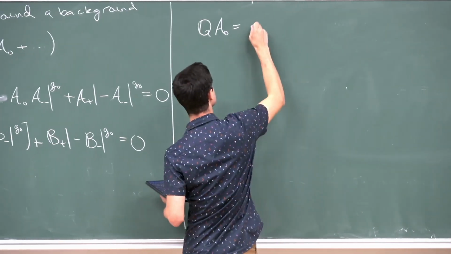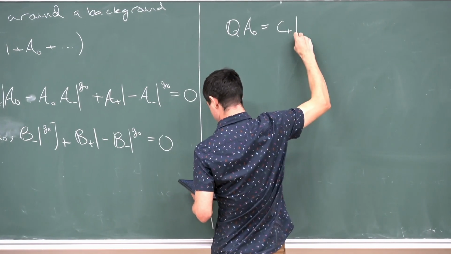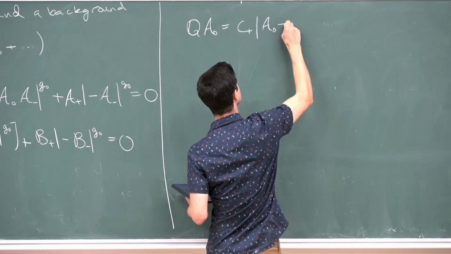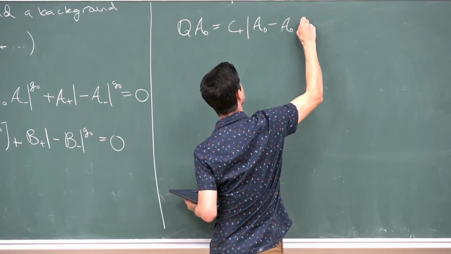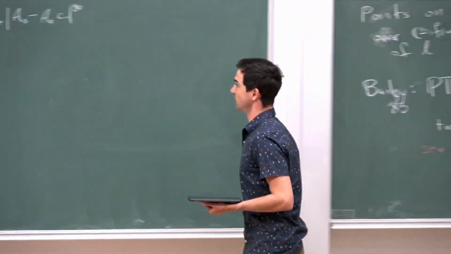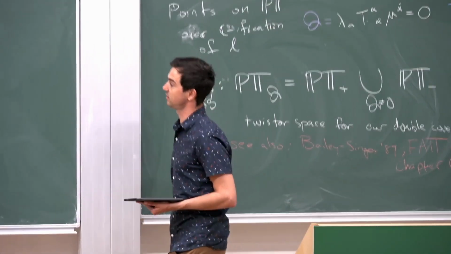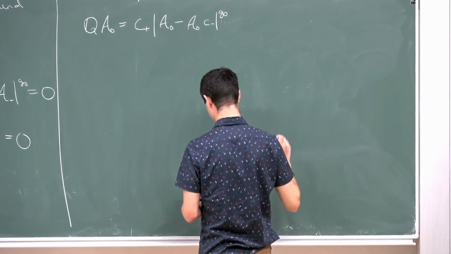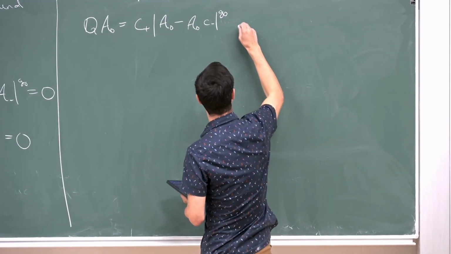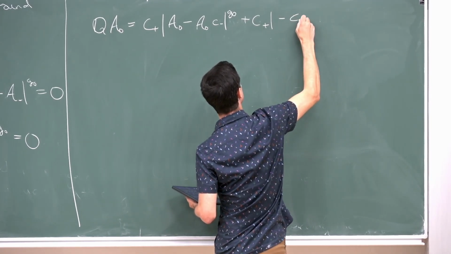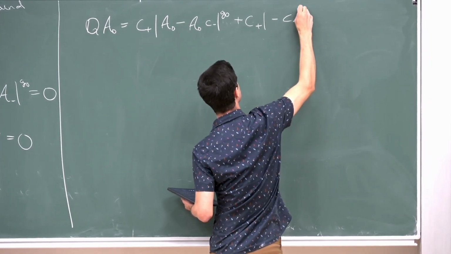They go as follows. C plus A0. So we act on the left of A0 with C plus and on the right with C minus gauge transformation, or conjugated. And then we also have the ghosts themselves showing up.